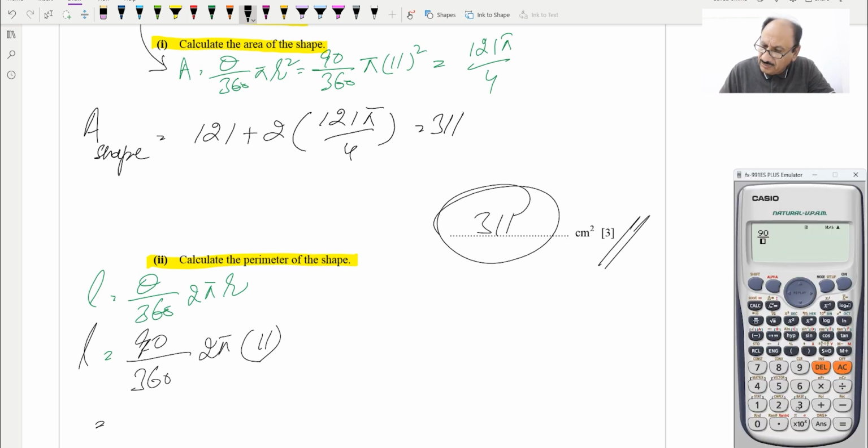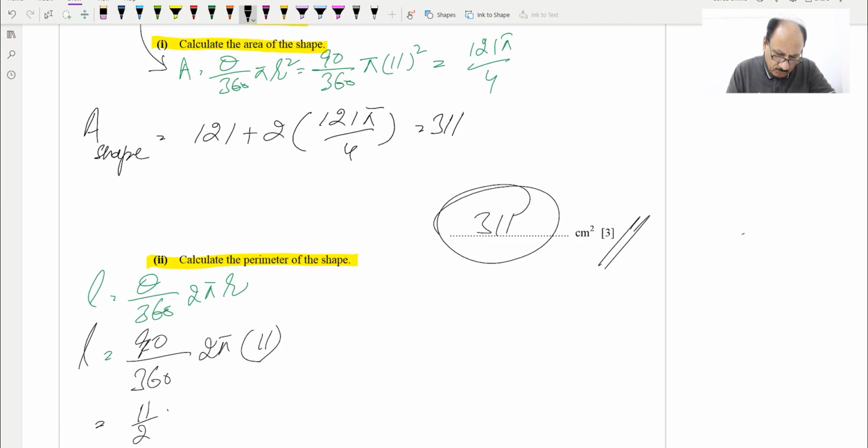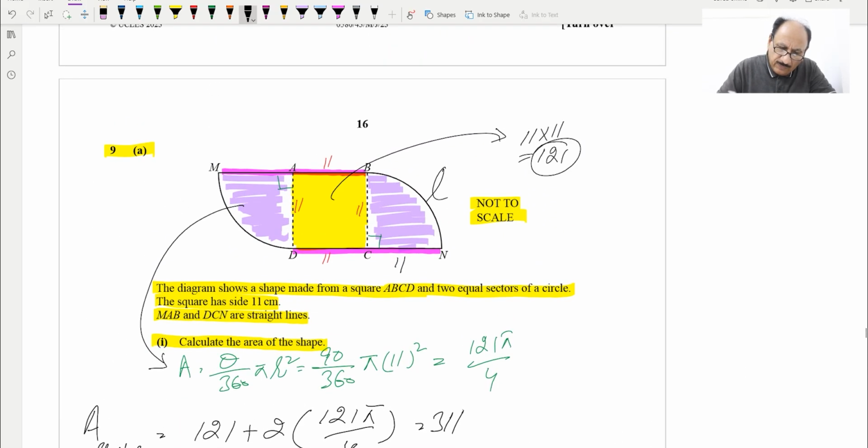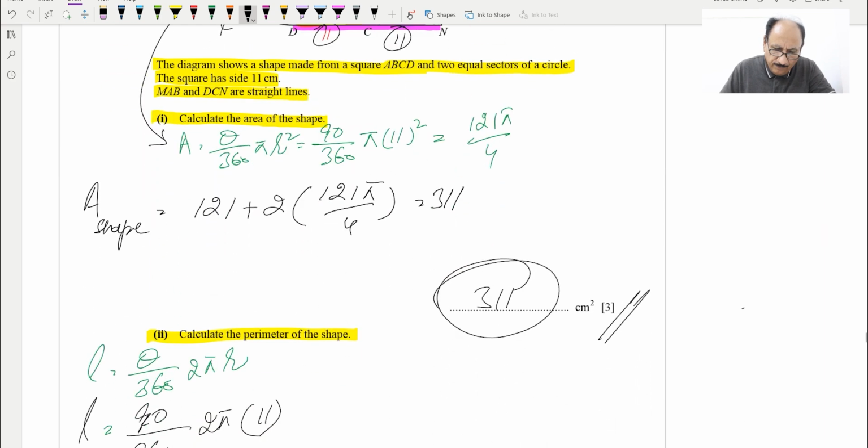This will give us 11 by 2 pi. This is our L value, and keep in mind this is L and this one is also L, so we will be adding 11 plus 11 plus 11 plus 11, so 4 times 11.